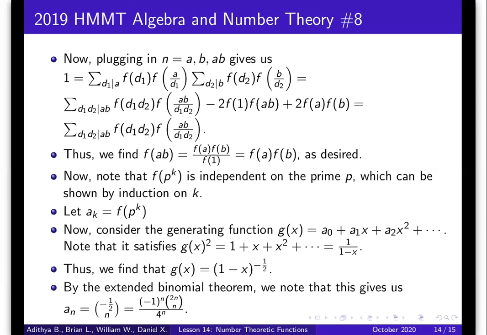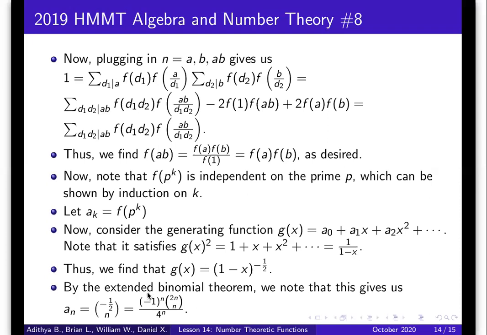You can think about it as negative 1/2 times negative 3/2 times negative 5/2 all the way down to negative 1/2 minus n plus 1, all over n factorial. And then if you rewrite it, you can see that it's equal to negative 1 to the n times 2n choose n, all over 4 to the n.